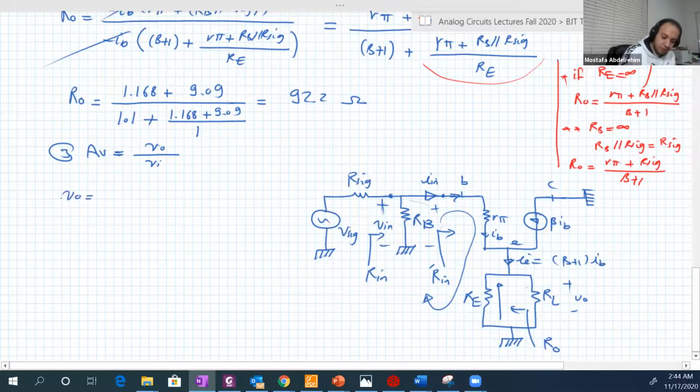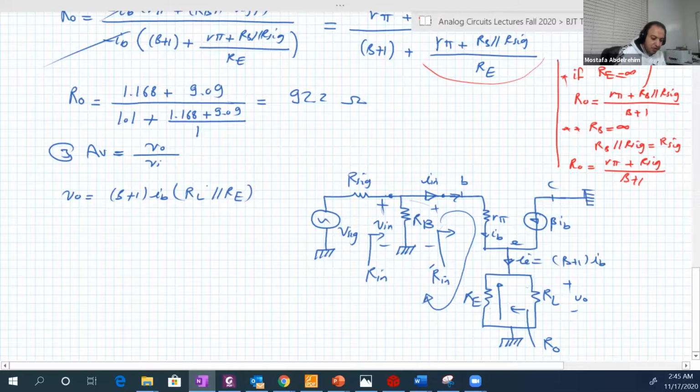VO is equal to the current through these two parallel resistors, which is beta plus 1 IB, multiplied by RL parallel RE. So this is VO.